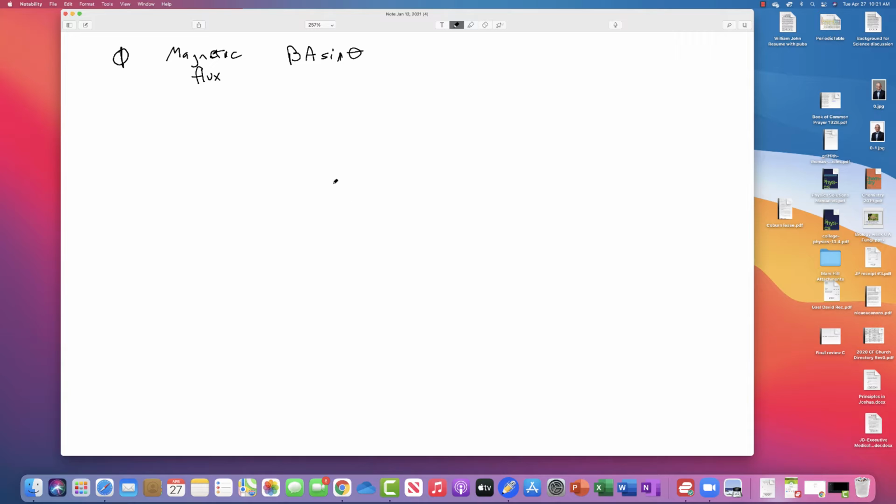I said sine, I'm sorry, this is cosine. If the angle is 90 degrees, then the cosine of theta is 0, and the magnetic flux in that case is 0. And this is actually what happens with the first problem.